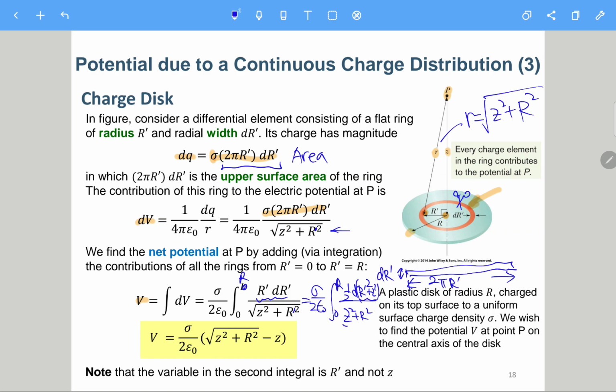Then we use the integration of a polynomial function so that we can get this answer. So V is like this. Note that the variable in the integral is R prime and not z. So dR prime.